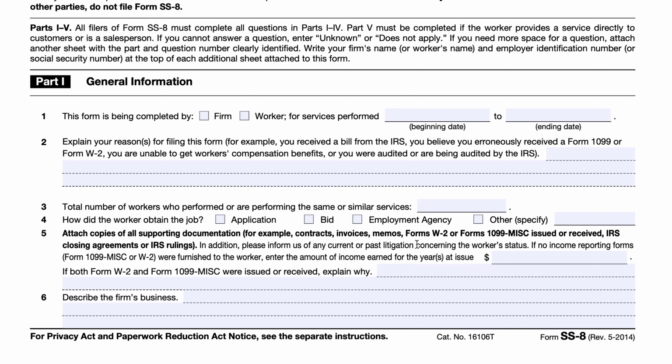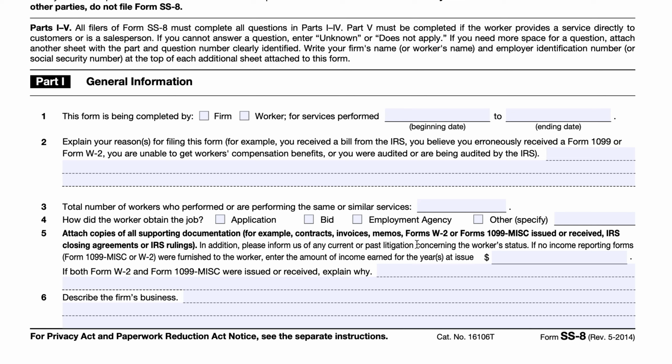Obviously, for example, if you previously were receiving a Form W-2, but all of a sudden your job got reclassified and they say you're a 1099 employee now, you would want to provide previous versions of your Form W-2 that says, I don't think my job changed that much. The company made a decision because they wanted to save money.